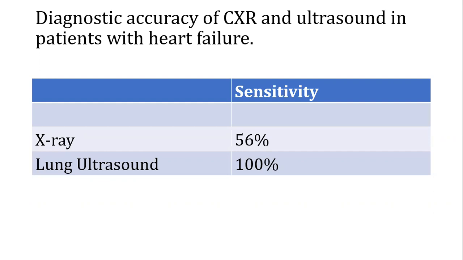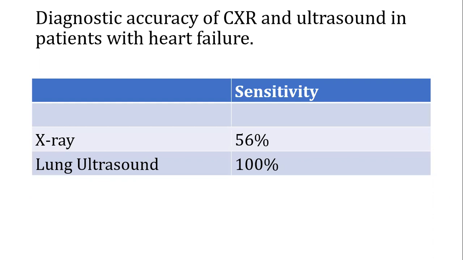Now this comes back. What do we need to use between the chest X-ray and lung ultrasound? Which one should we use in cardiac disease or in heart failure? Now, by research, the chest X-ray only has 56% sensitivity to any cardiac disease.